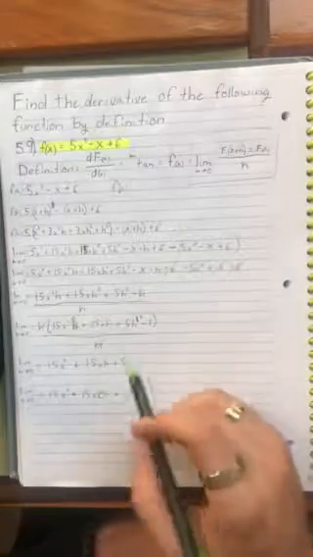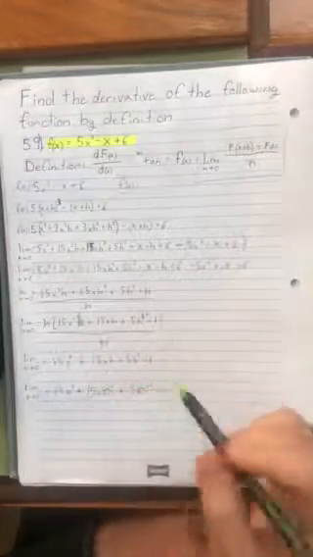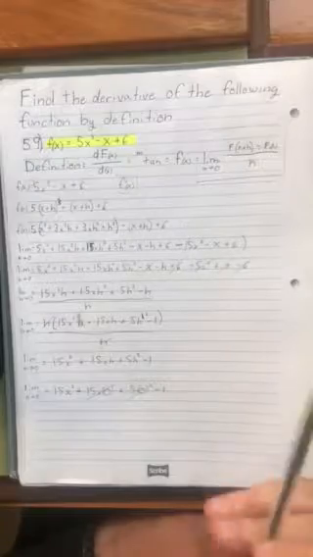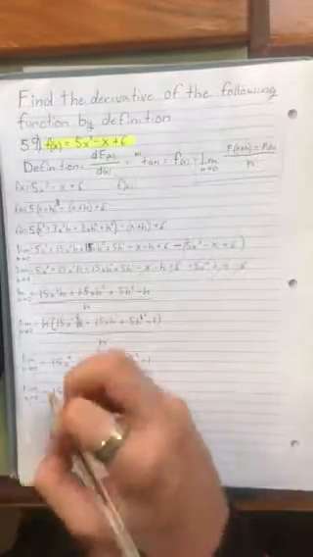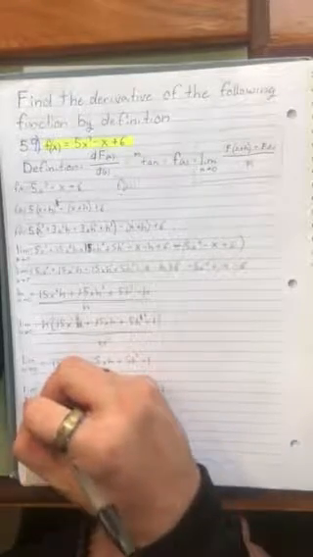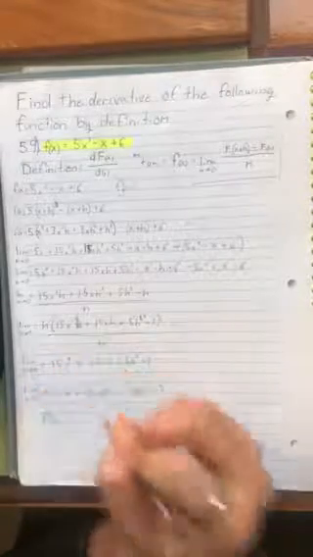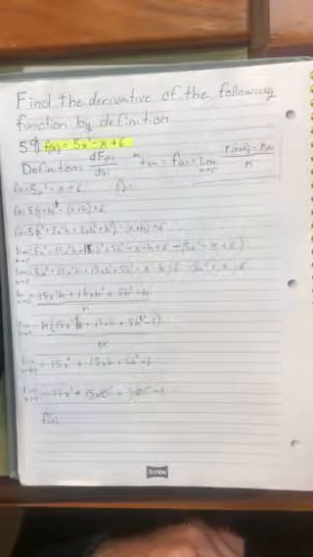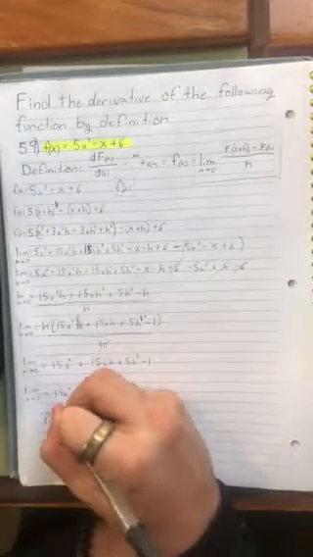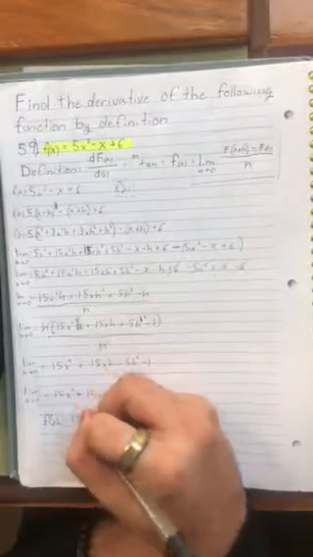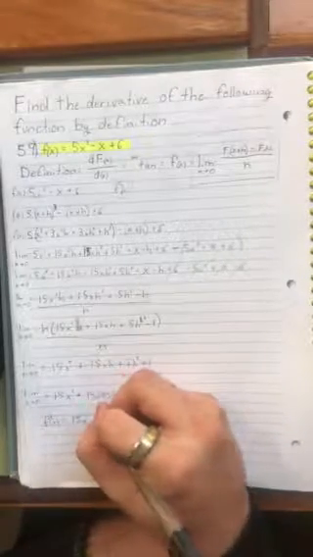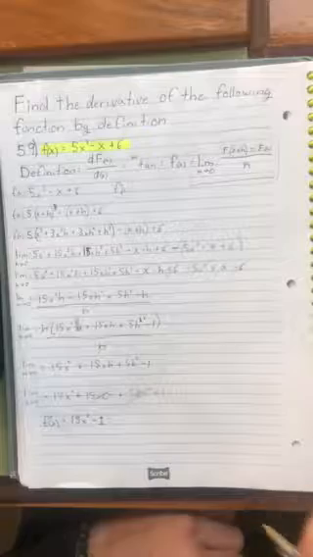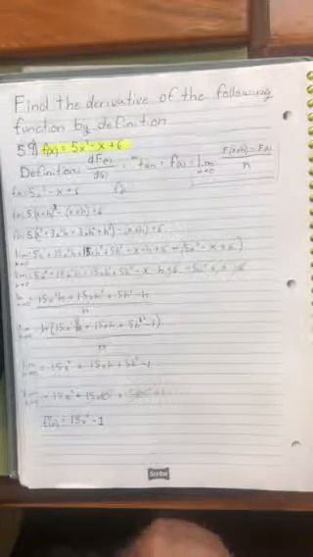So we cross out both of these because anything multiplied by 0 is 0. So we're left with the answer, which is the derivative of the function is equal to 15x squared minus 1. And this is our answer.